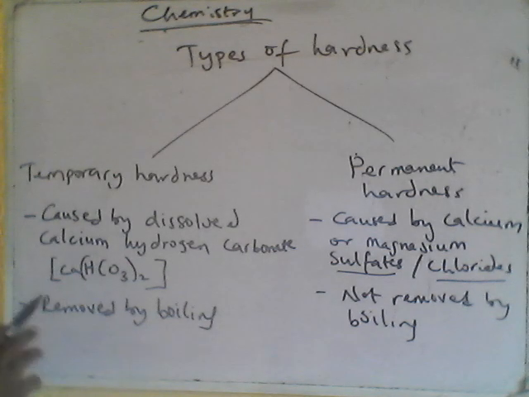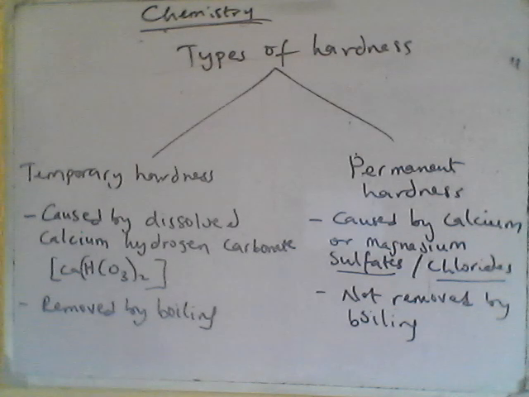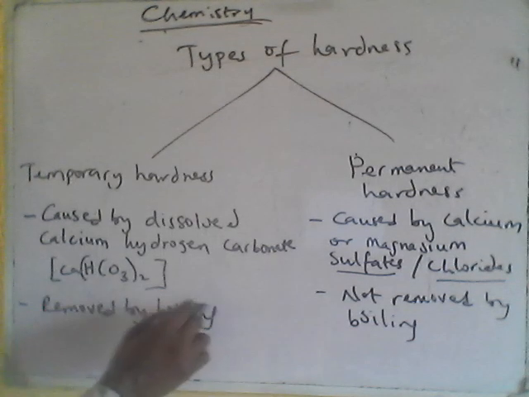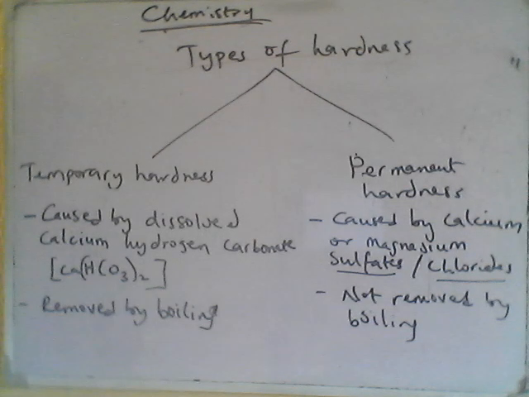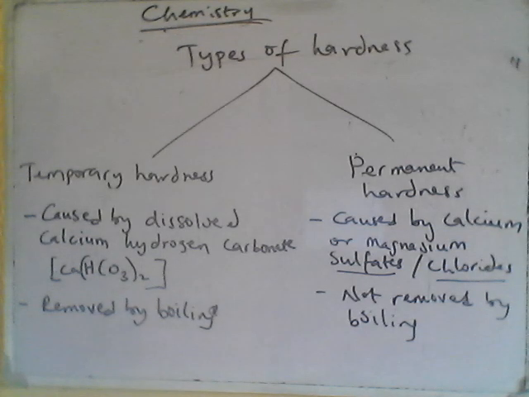So you can remove temporary hardness by boiling. A simple boiling of water can liberate this compound from it, making it not hard again. But this one, there's no solution by boiling. You cannot boil it. If you boil it, it will still be hard.